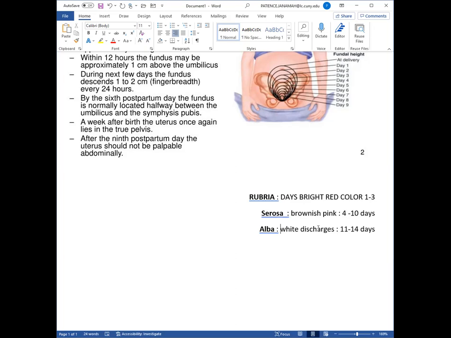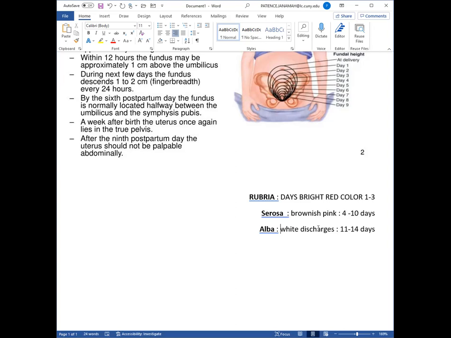We have ovarian function and menstruation. Ovarian function depends on the rapidity with which pituitary function is restored. Menstrual flow will usually begin 1 to 2 months after childbirth in a non-breastfeeding mother.